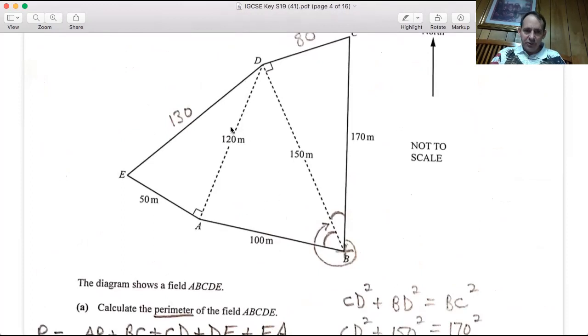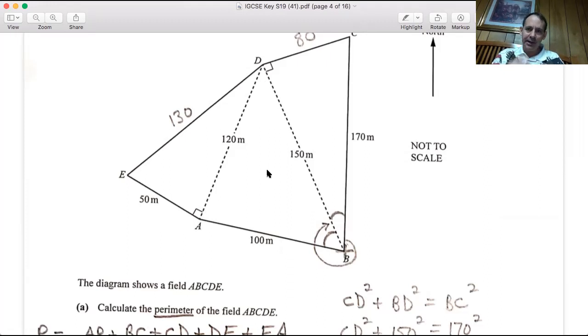And if you notice, we have a side, but not the angle, and we have a side without the angle. So we don't have a pair that includes both the side and the angle.